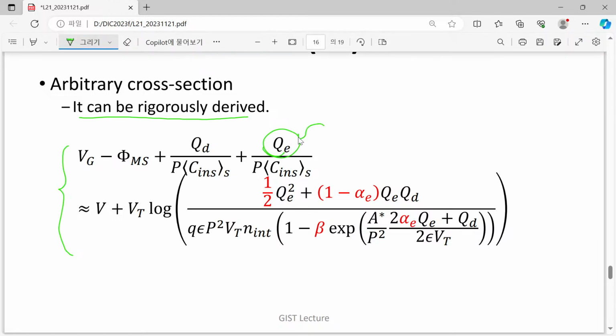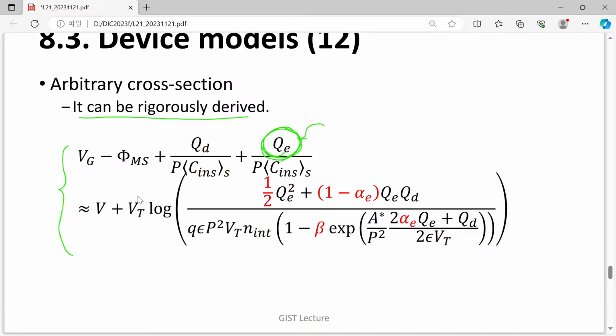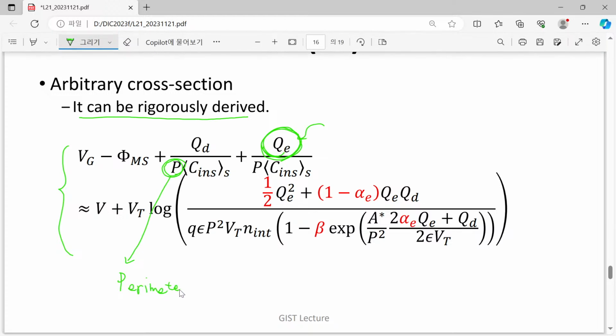This is the electron charge, so it can be modeled in this form rigorously. And here you have a P. This P is once again our perimeter. And where do we have area? Here we have A star, and this A star corresponds to area.